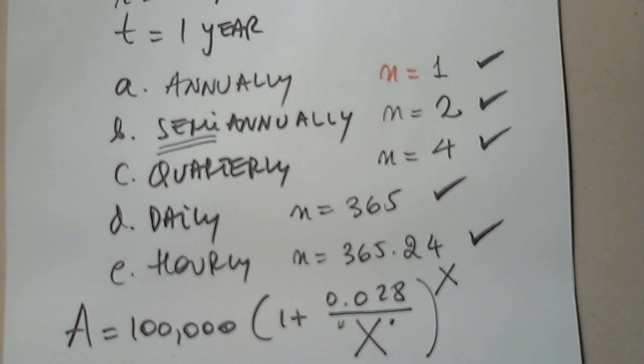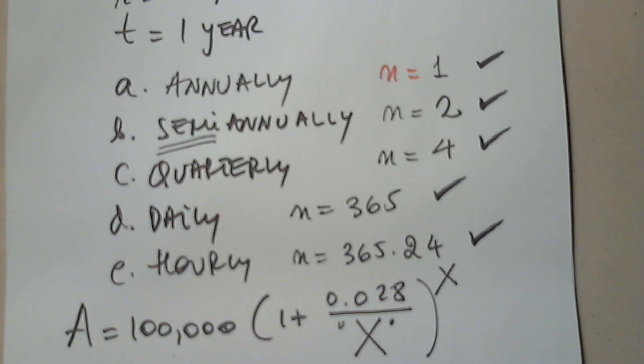And now I go to second and table, and now I enter what I want. I only want 1 and 2 and 4 and 365 and 365 times 24. And the calculator will do it. So now I go up and highlight, and copy what I have.